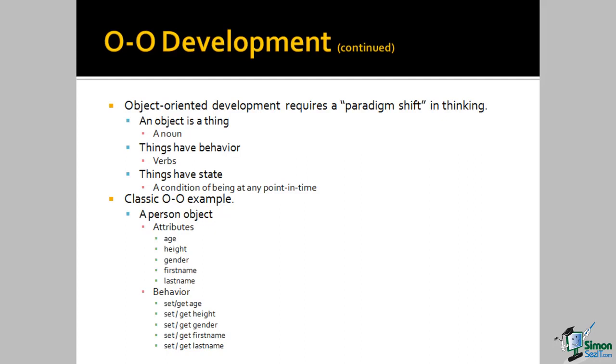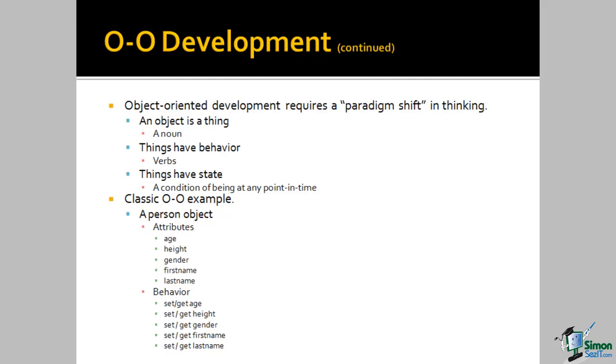So a classic example of a thing, an object in an application, is a person. The object has data that defines it, and we've listed some data here that defines a person: age, height, gender, and so forth. Those are the attributes or the properties of a person object.